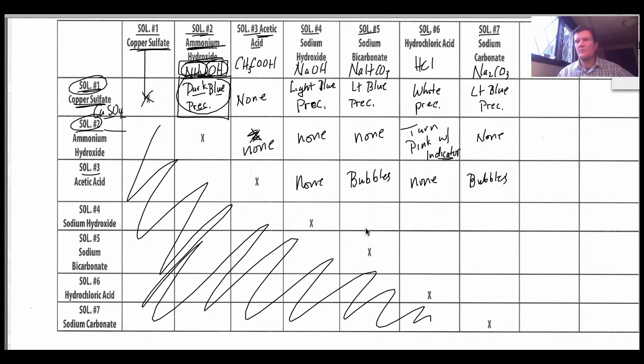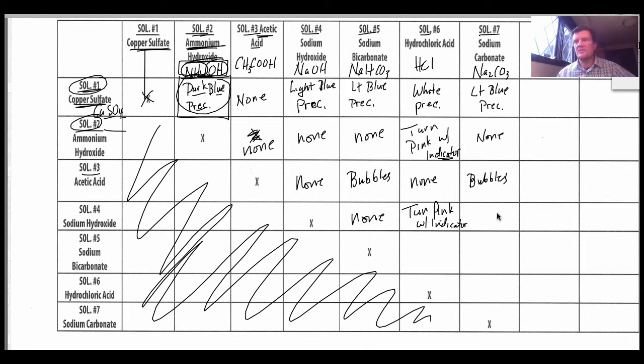So 4 with 5, there's not going to be any evidence here, none. 4 with 6, again, when we put in an indicator, it's going to turn pink. With indicator, that's a separate chemical that's going to turn a certain color depending on whether it's acidic or basic. All right.